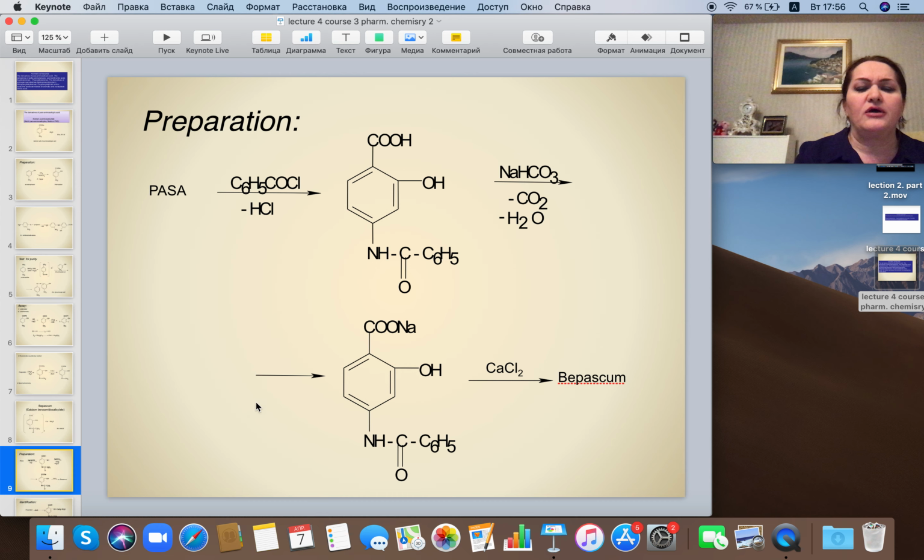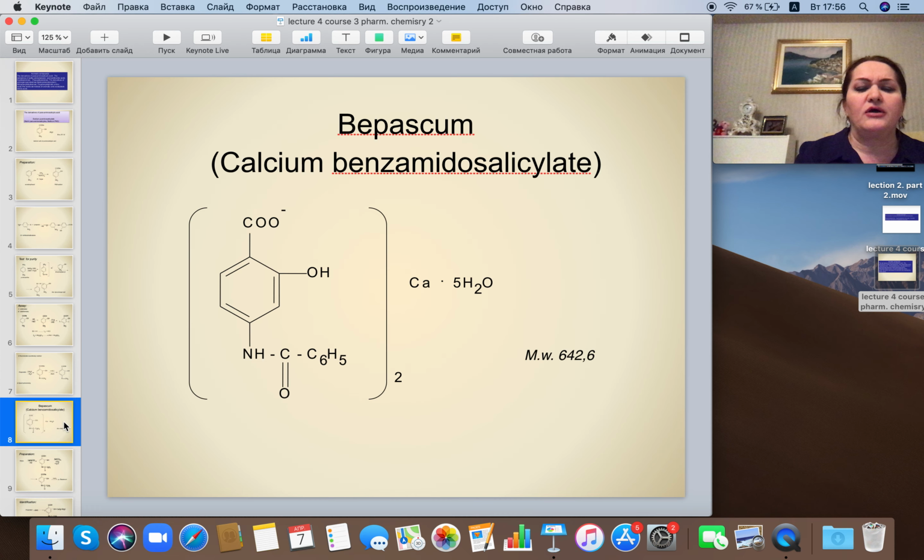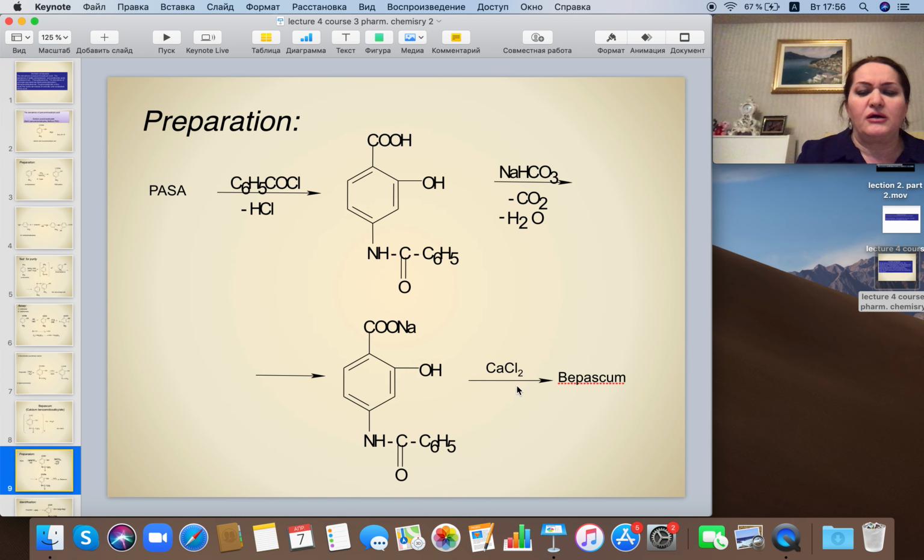For preparation of this, we use para-aminosalicylic acid, PASA, and benzoic acid chloranhydride, and then we add sodium hydrocarbonate. We receive benzamidosalicylate, and when we react it with calcium chloride, we receive bipascum.